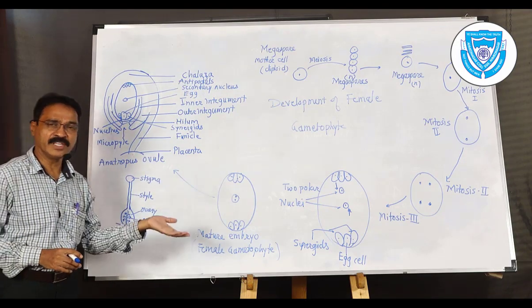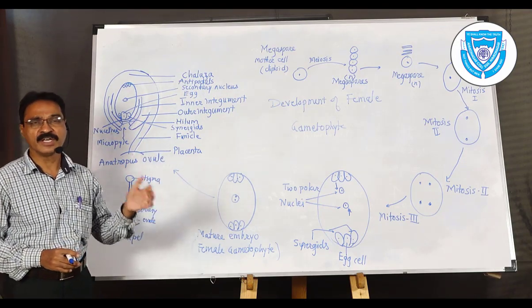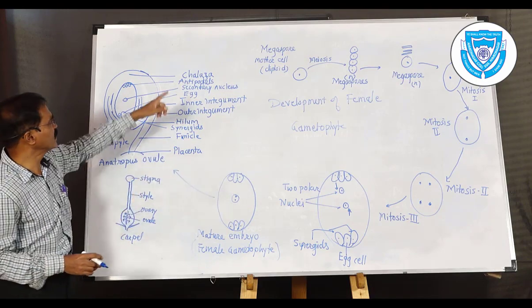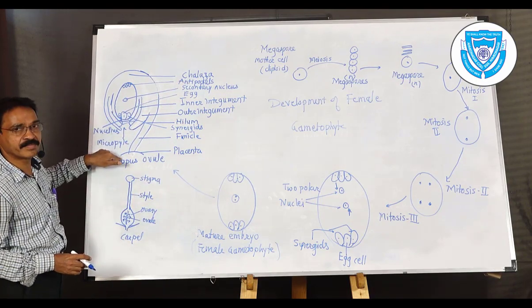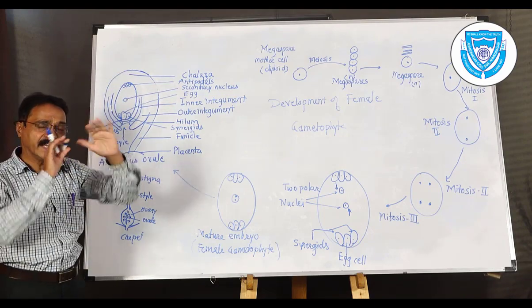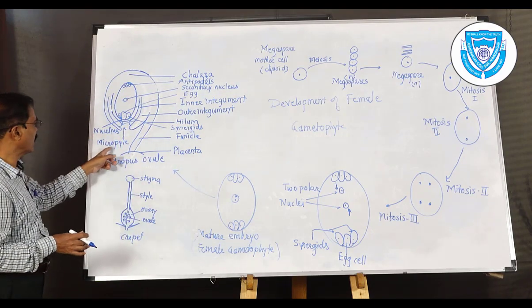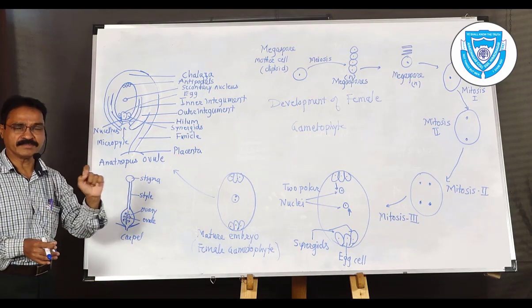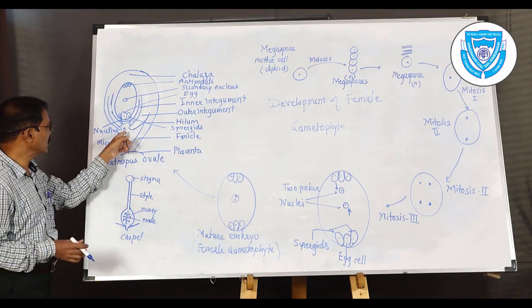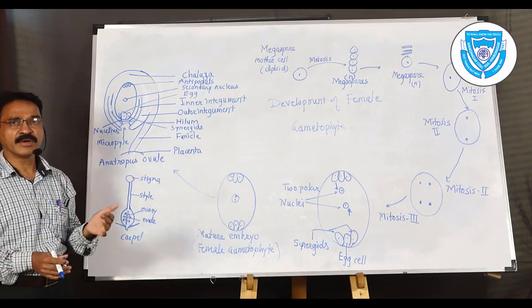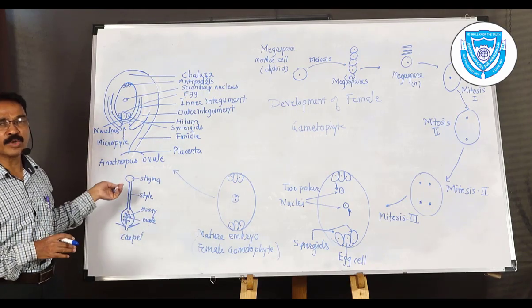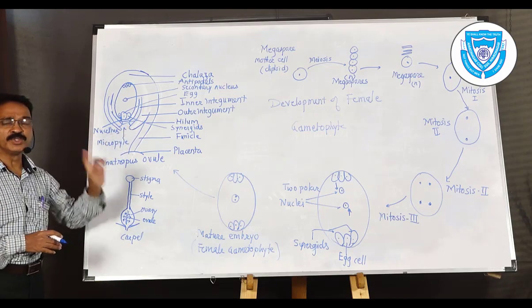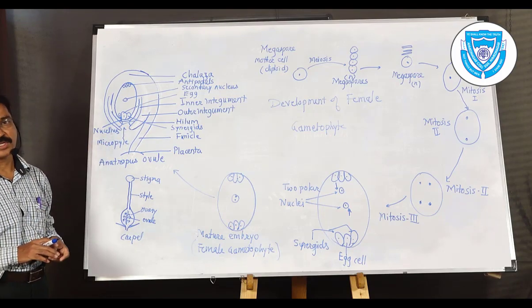For our convenience, we are going to use the word end for the two opposite ends. The second end is the micropylar end. The chalazal end is intact, while the micropyle is a small opening, and this opening has a meaning for reproduction: it is utilized for the entry of the pollen tube.